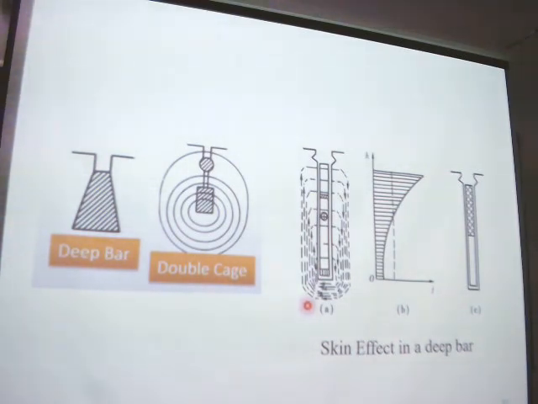Thus we have a variable rotor resistance, using a special design. The deep bar or the double cage special design gets different rotor resistance. So this method is special.